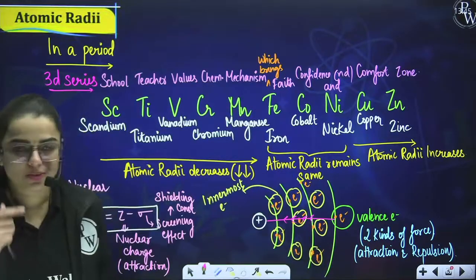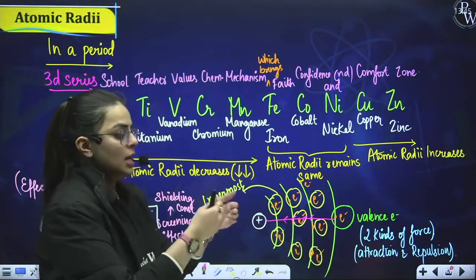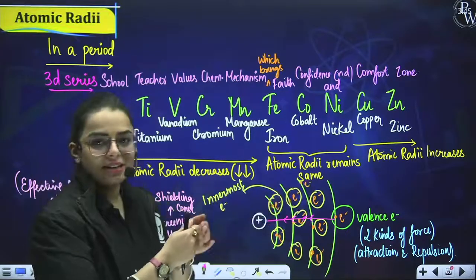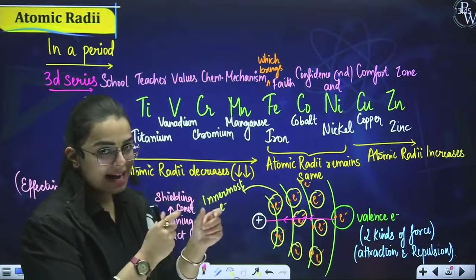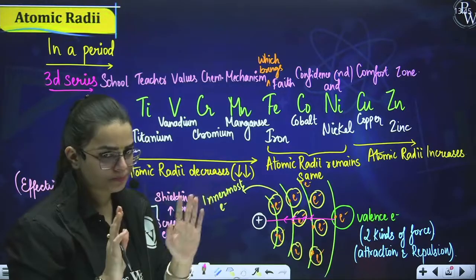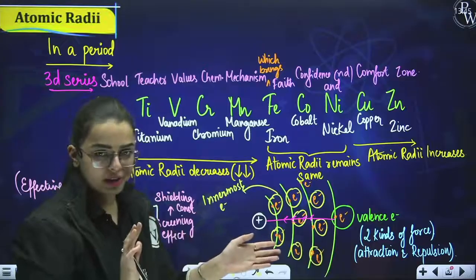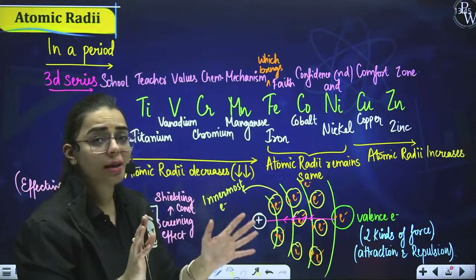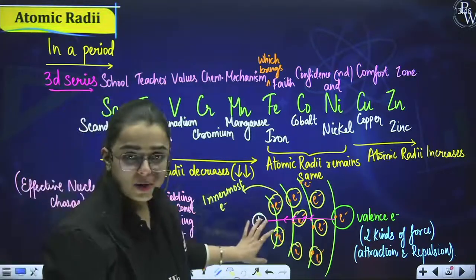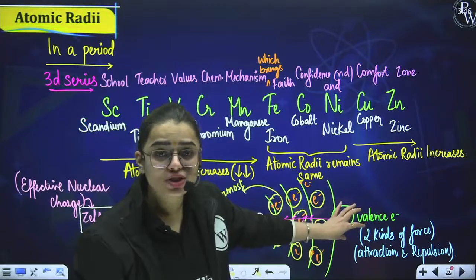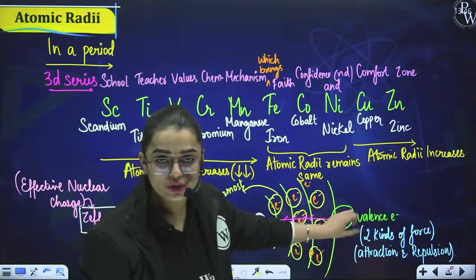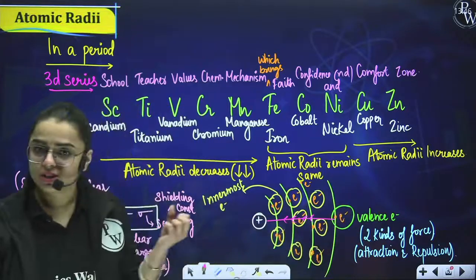Positive charge will attract a negative charge, right? Negative charge and negative charge will repel each other. So what is happening over here? The nucleus is a positively charged species. It will attract this negatively charged valence electron, the outermost shell electron, towards itself, because positive attracts negative.